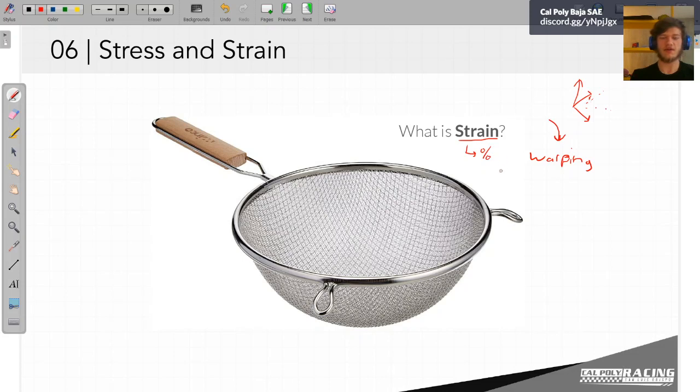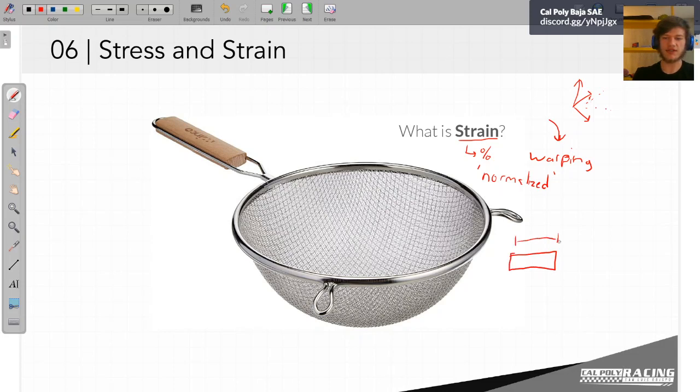So what does that mean? It's a proportion of what it was before. Yeah, mathematically, you would call this normalized.